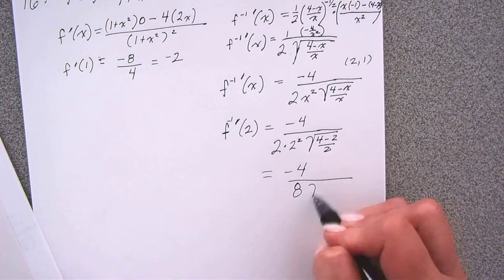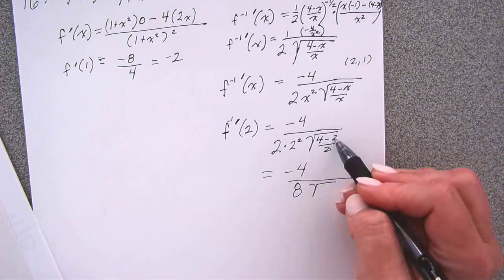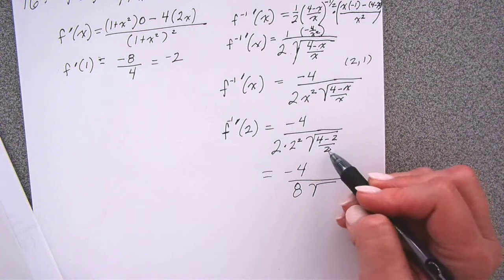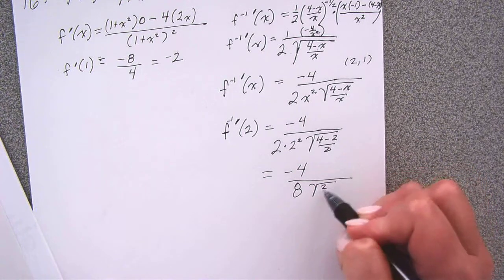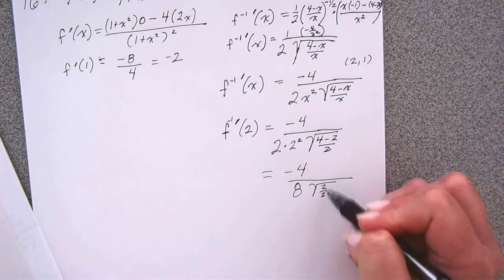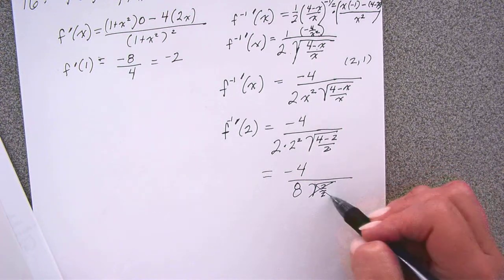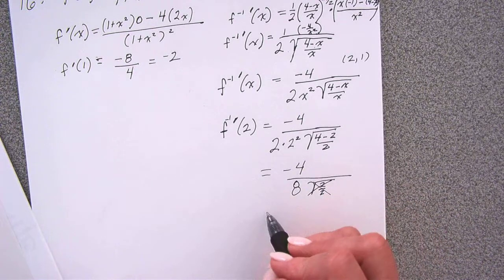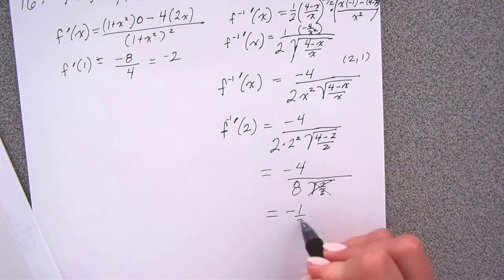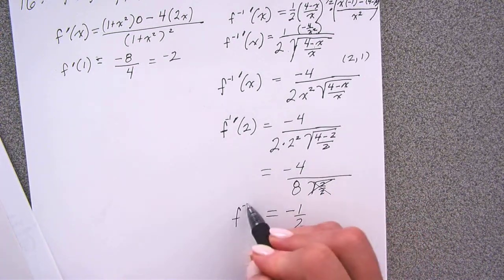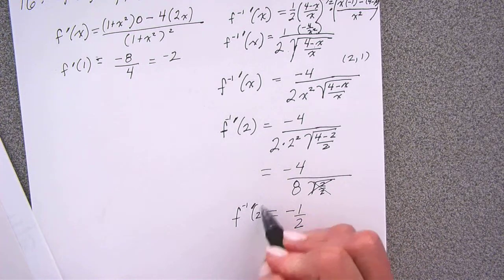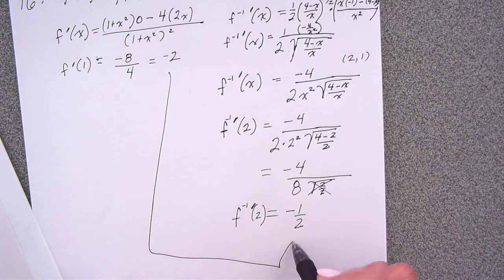And then times the square root of 4 minus 2 is 2, divided by 2 is 1, and the square root of 1 is just 1, so we don't have to write that. So negative 4 over 8 is negative 1/2. Okay, so there are your reciprocals.